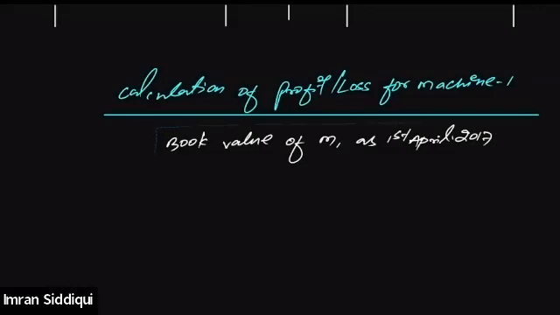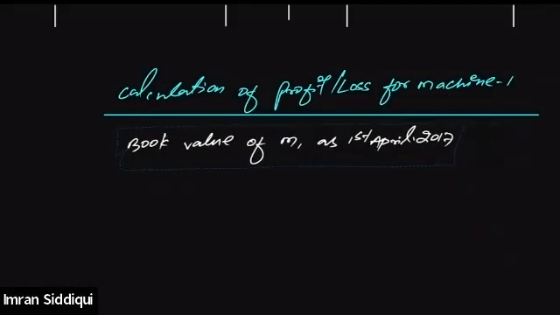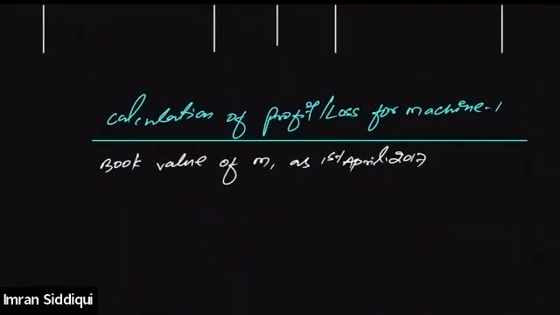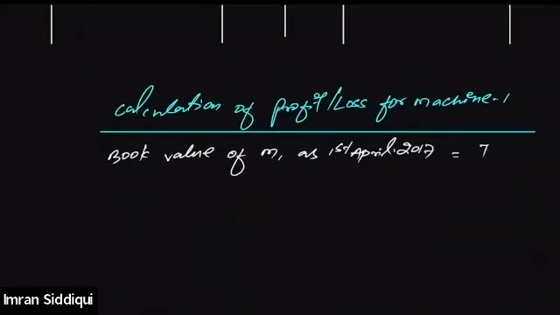What was the book value of machine one as on 1st of April 2017? It was 7,56,000. Is that right, everybody? 7,56,000 was the book value of machine one as on 1st of April.